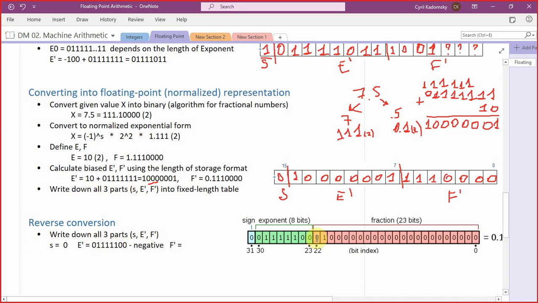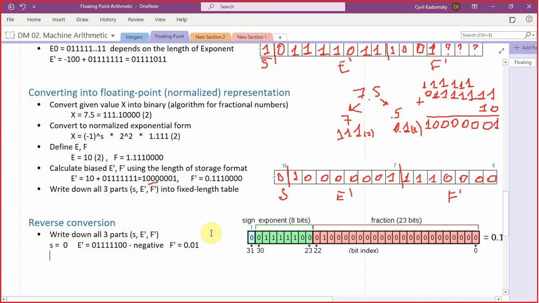It is 0, 1, and all the rest is 0. So it is 0, 0, 0, 1. We remember that only the fractional bits are stored here. So here they are. And then zeros, which are not needed for back conversion because they will change nothing.